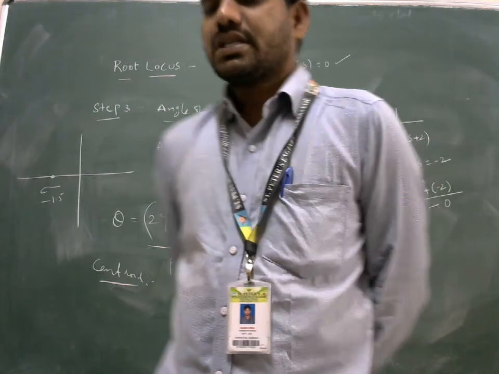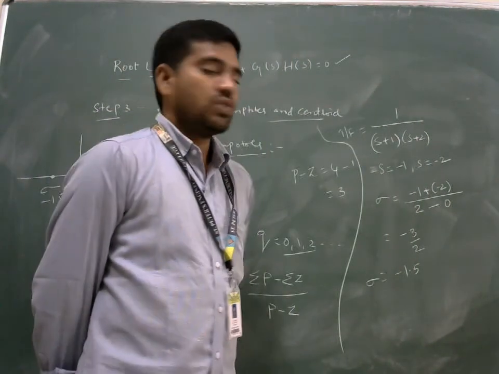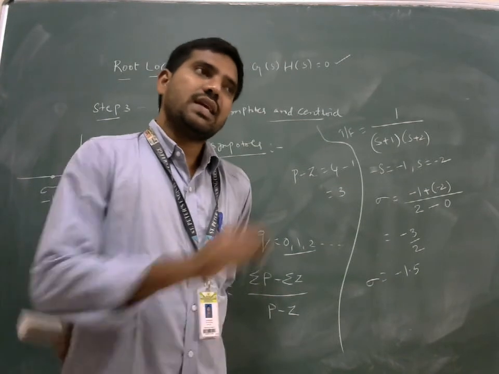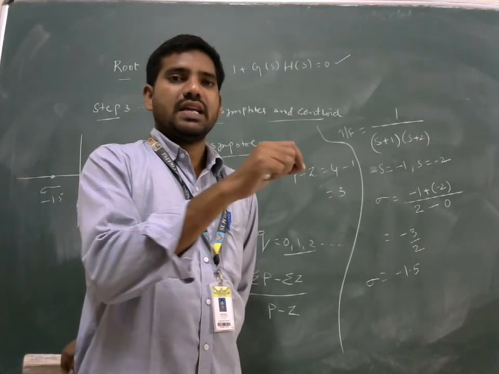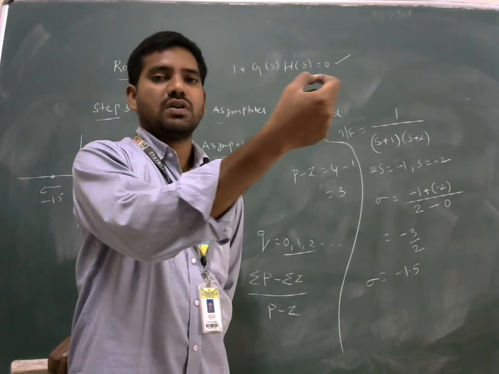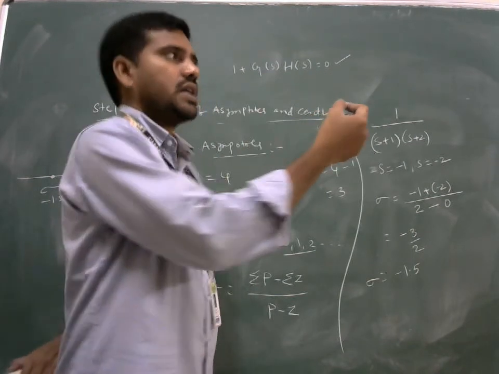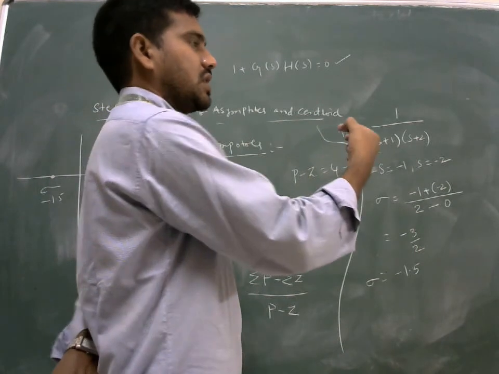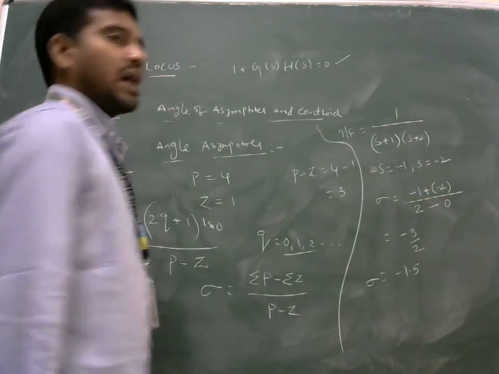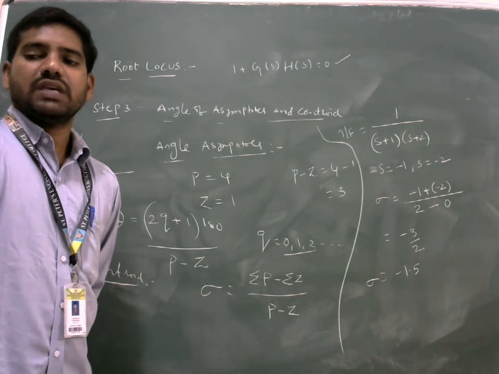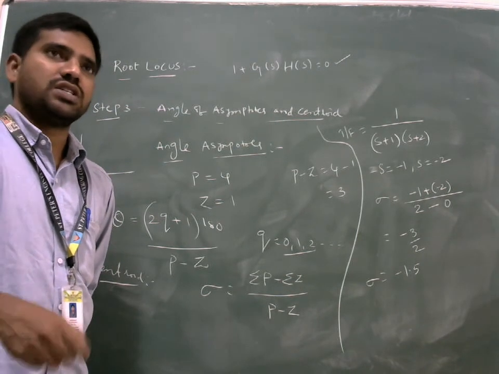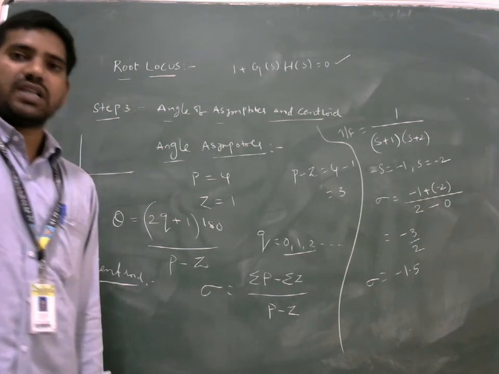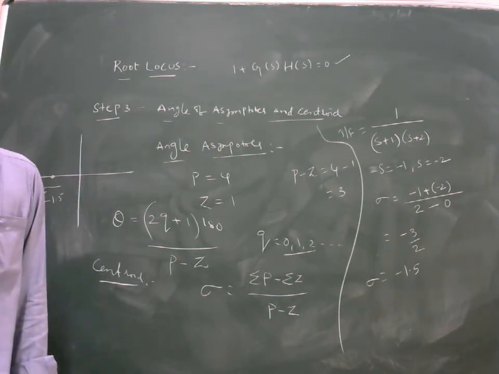You consider only the real axis, and on the right hand side of a particular point you check how many poles and zeros are present. If that combination of poles and zeros is odd, the root locus will exist there. Otherwise, there will be no root locus.